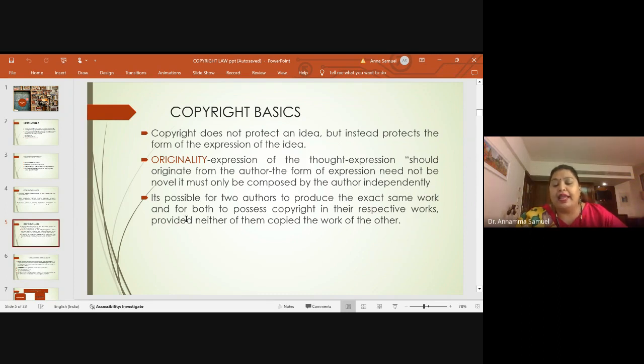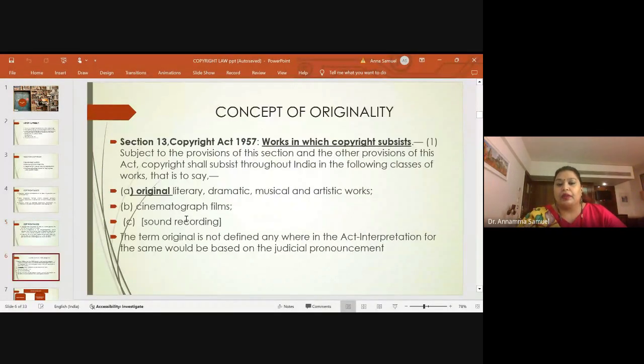Now, in copyright, two similar or identical works can coexist, but you have to prove that your work is independent of the other, and that you created it without getting any help from the other identical work in existence.